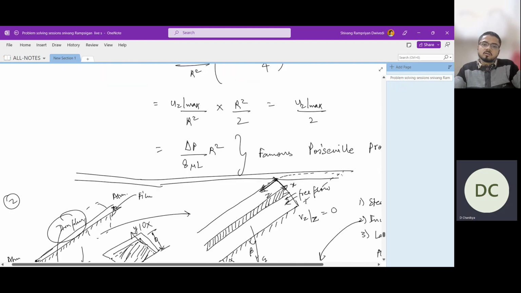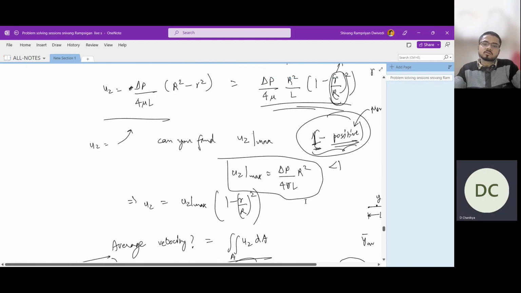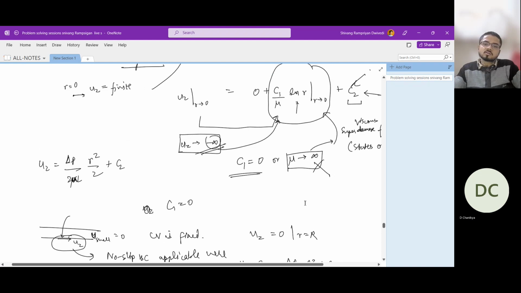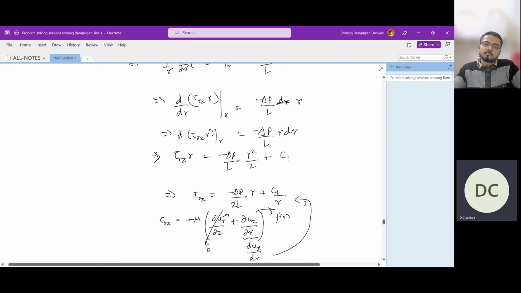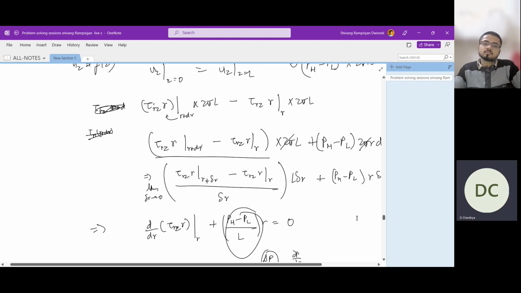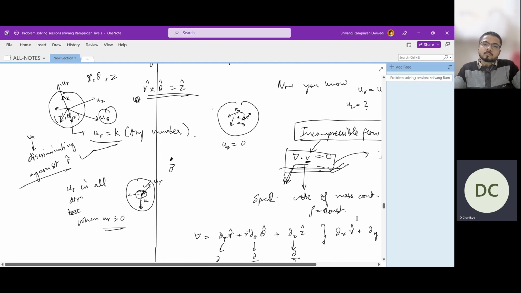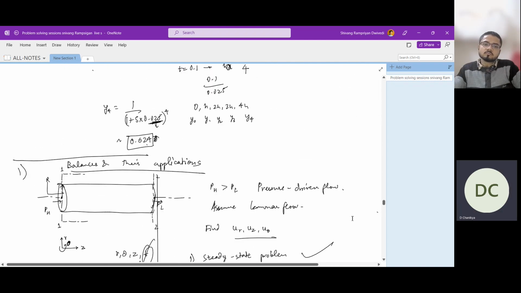Any comments, or what should we take up for the next class? Any questions in both of these problems? Understood, okay, good.